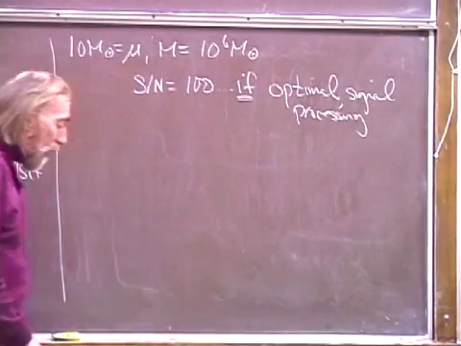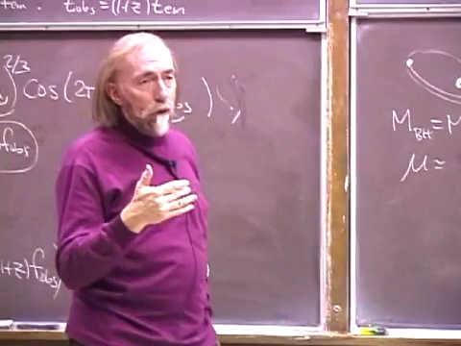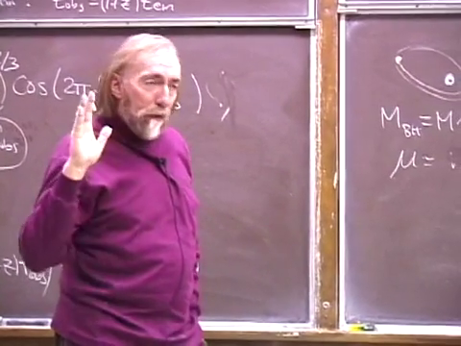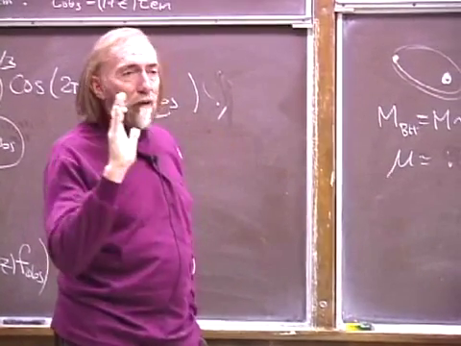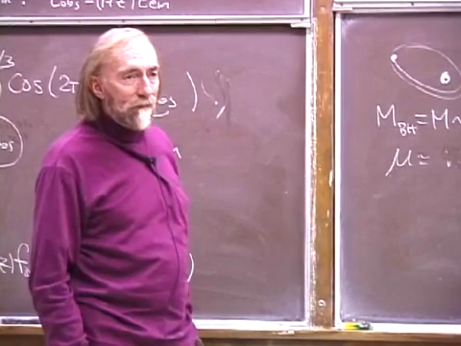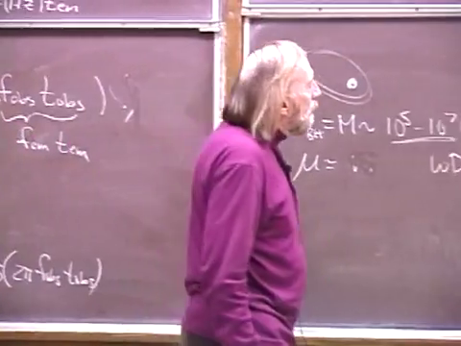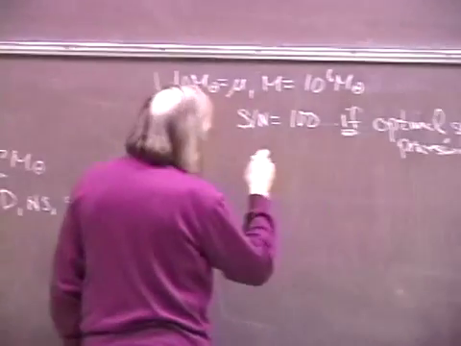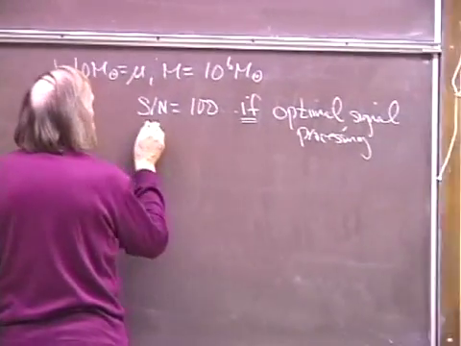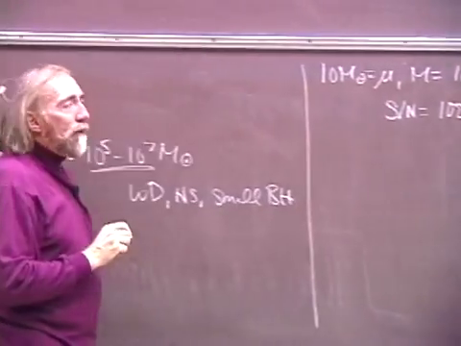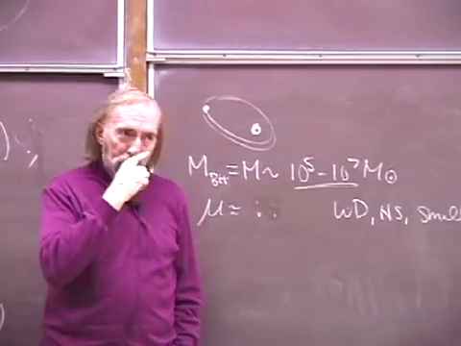But in order to do optimal signal processing, you need to know in advance what the waveform is to within about a radian over the whole sweep of the signal. Now, for reasons that I'll explain in a few minutes, it's unlikely we'll be able to do optimal signal processing for these sources.